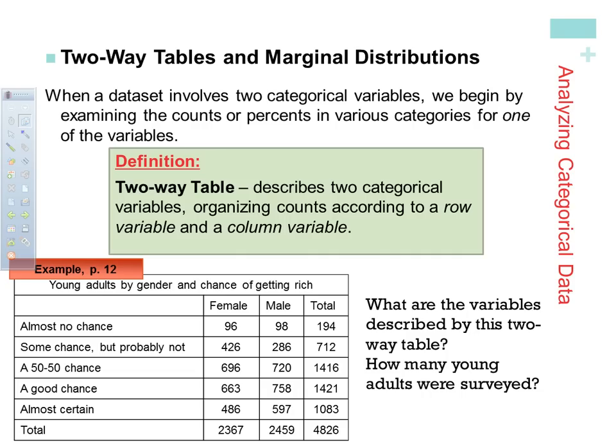And they asked, what do you think are the chances you'll have much more than a middle-class income at age 30? And so this table gives us those results. So we've got two categorical variables here, right? Well, what are they? What are the two categorical variables?